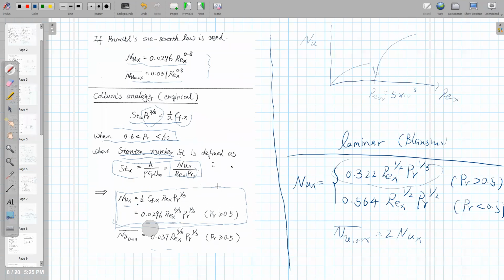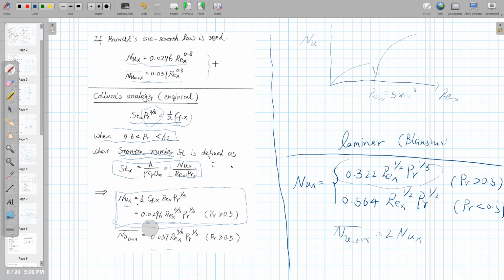Just be careful, as I talked about in the last class, anytime you're using empirical correlations. This one is analytical, because it is from this law. It's not fully analytical because there are also some assumptions, so you can think of it as a semi-analytical and analytical solution. But this one is a pure empirical correlation.